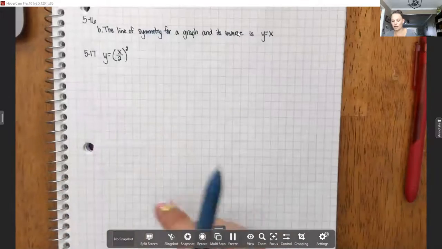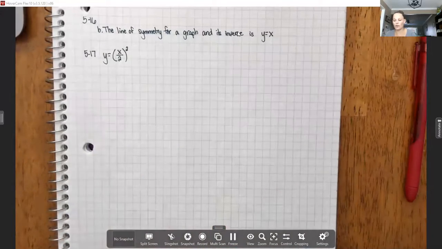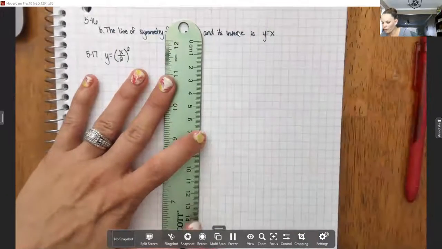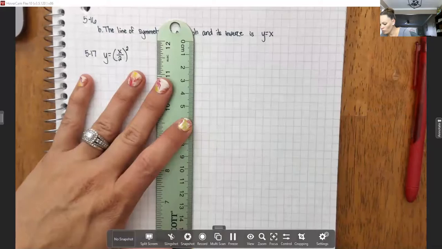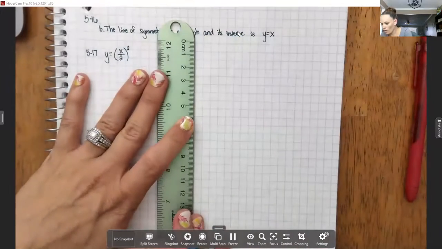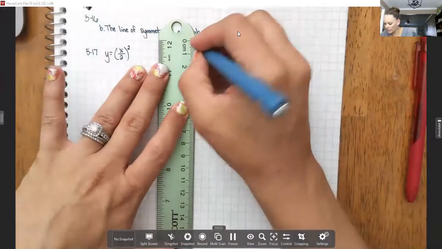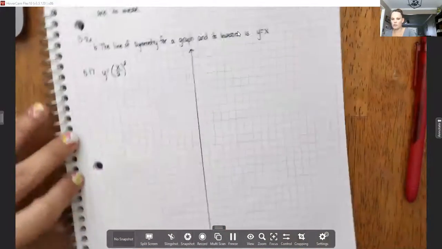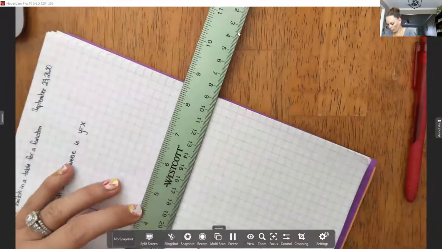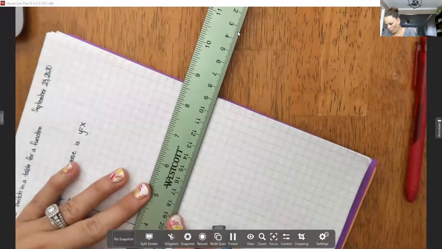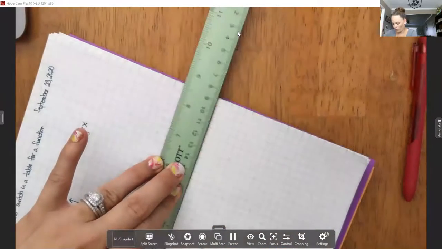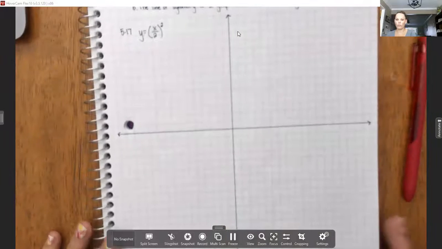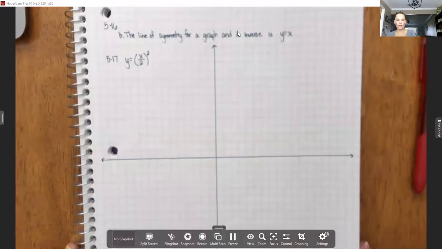If you need to flip the page because you're at the bottom, then flip the page and you could use the rest of this space later. We'll just set up axes. Mine looks like that.